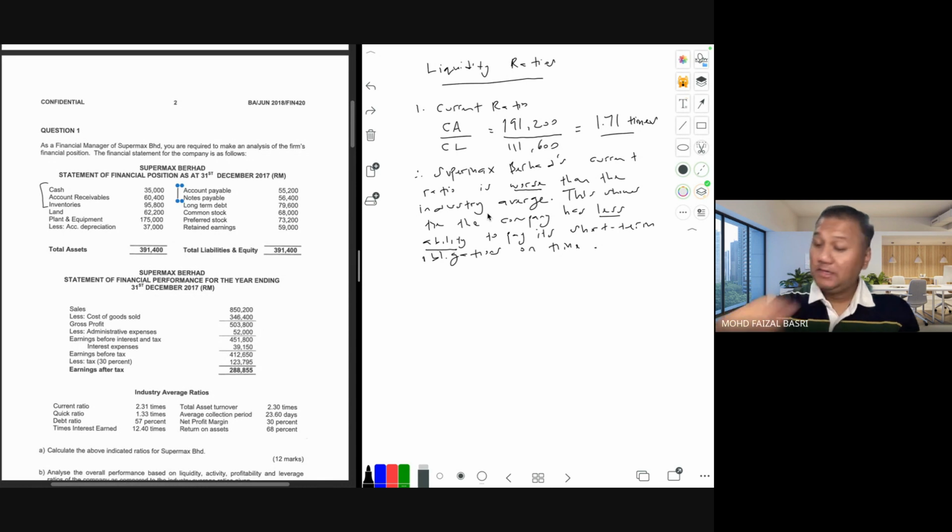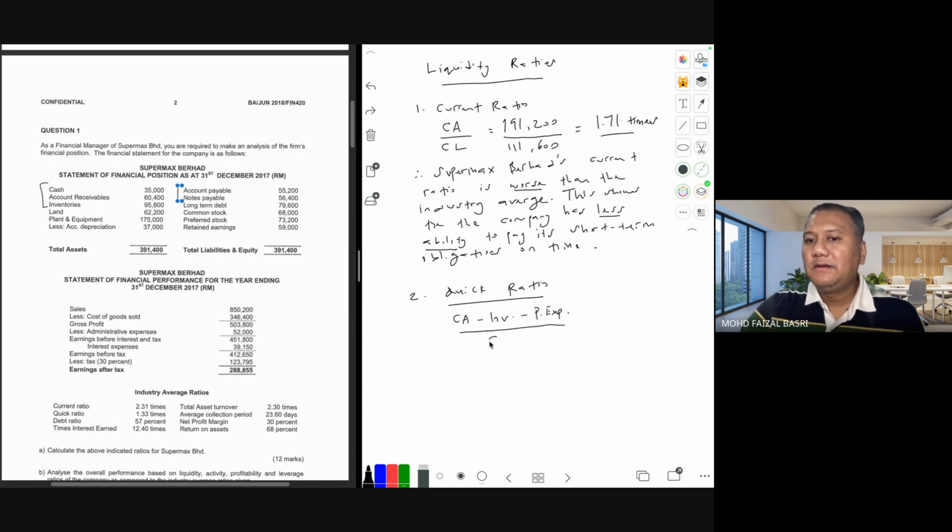So that's the first one. The second ratio is the quick ratio. For the quick ratio, the formula is current assets minus inventories minus prepaid expenses, divided by current liabilities. We know the current assets we calculated earlier is 191,200. So we deduct inventories of 95,800.